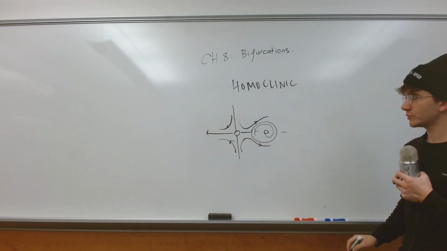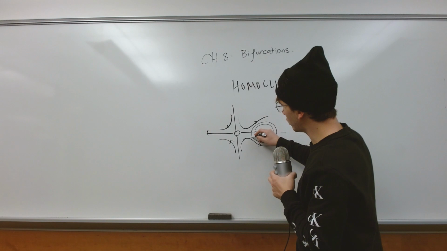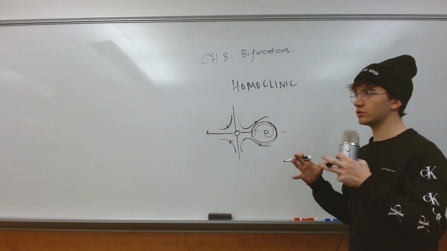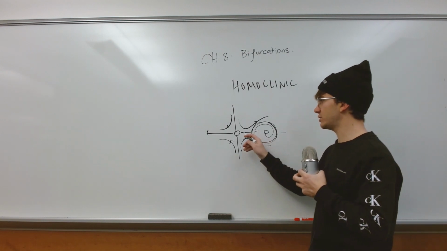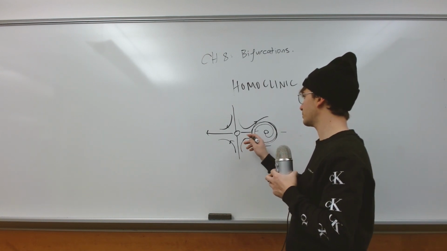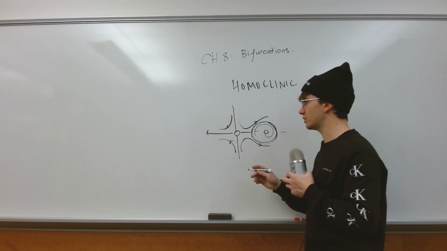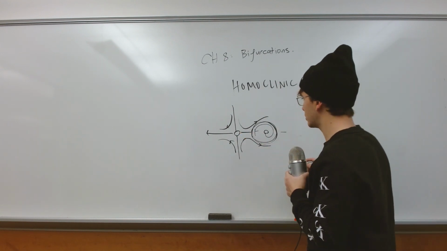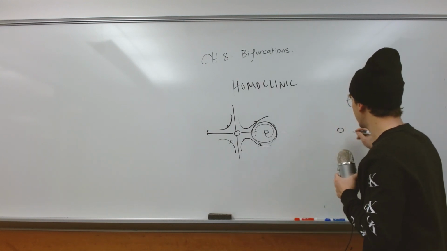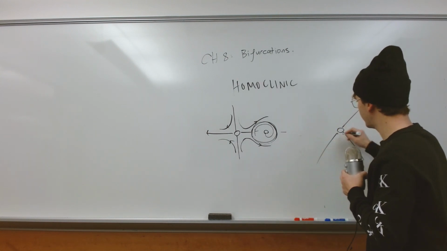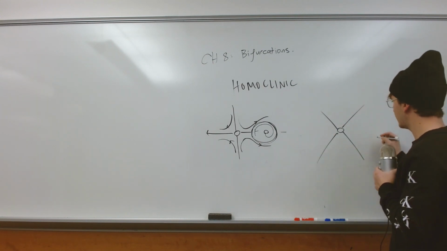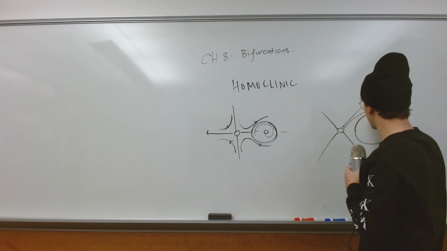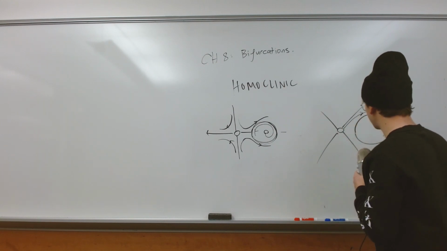And so what happens is, as I grow this limit cycle, it can expand, and then essentially it will envelop the unstable manifold of the saddle, okay? So the saddle is going to have some sort of manifold like this, and then say my limit cycle's here, and flows that look like this, okay?